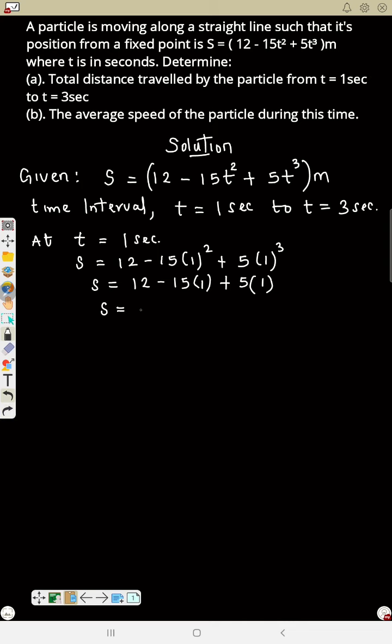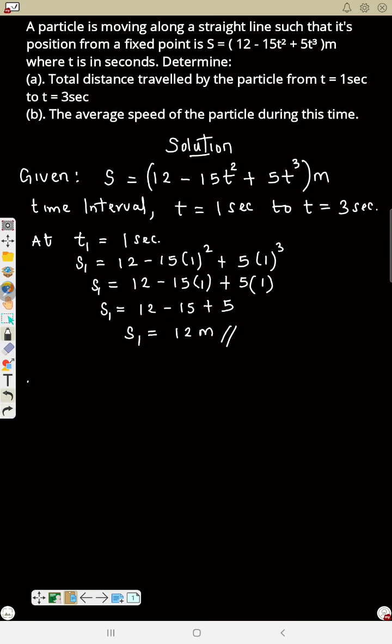Then s = 2 meters. That means at time t1, when t is 1 second, the position s1 is 2 meters, meaning after 1 second the particle is at 2 meters.